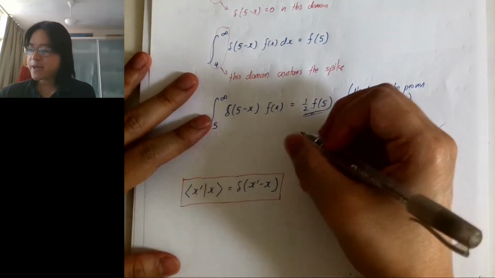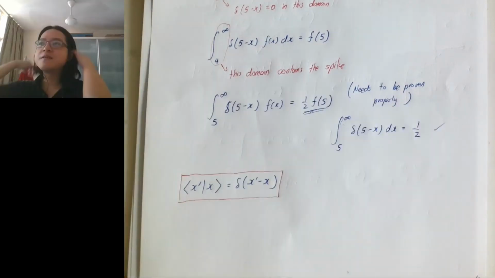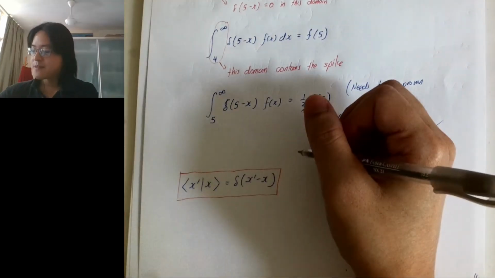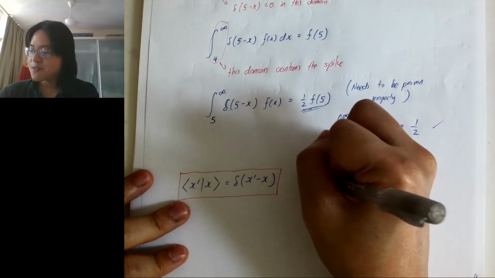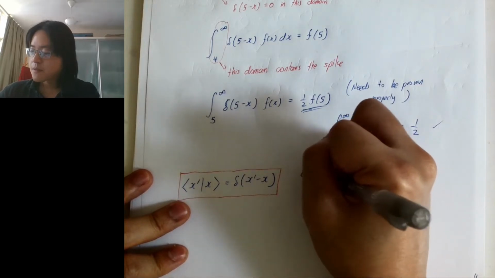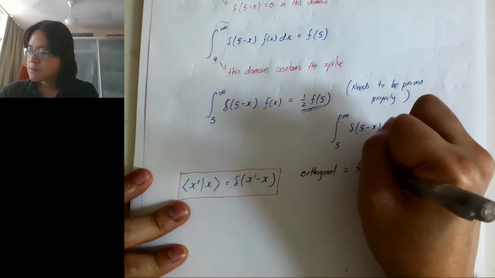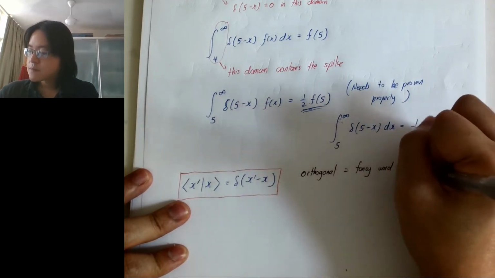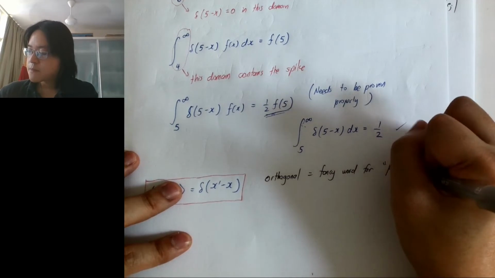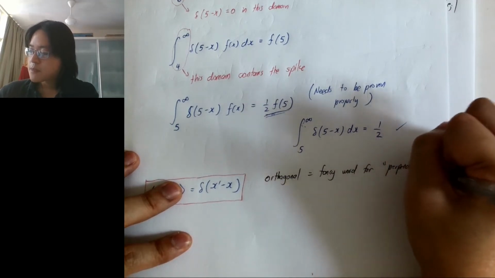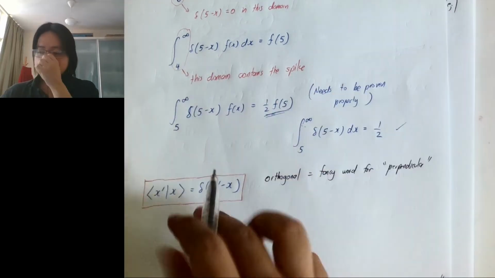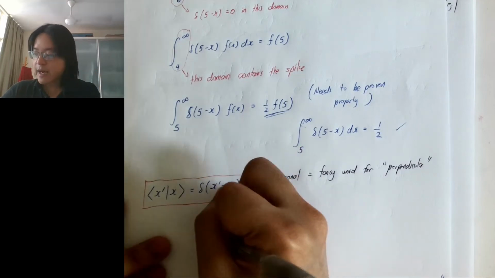So before we become too fancy, we must remember our simple words. So orthogonality is just a fancy word for perpendicular, right? So perpendicular means the perpendicular basis, like i, j, right?